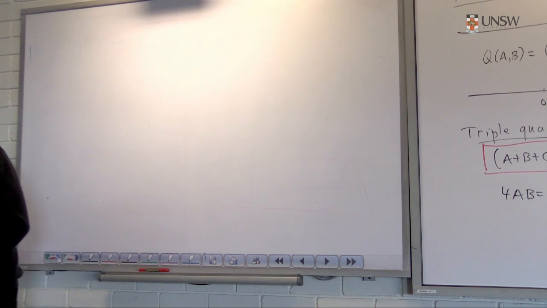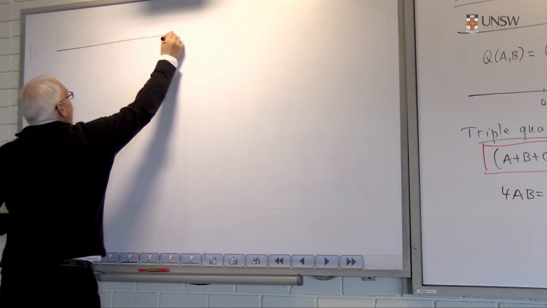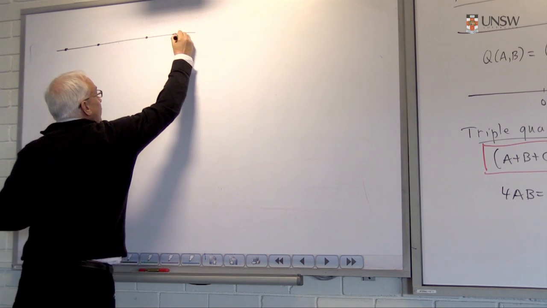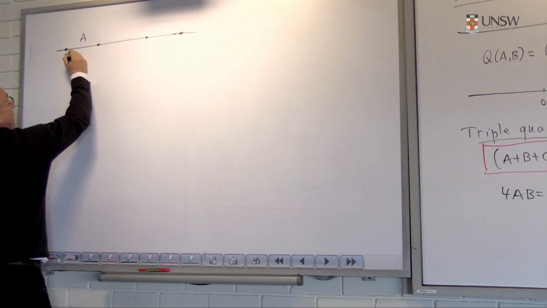All right, so now let's make things a little bit more exciting by making things a little bit bigger. So now I'm going to look at 4 points in the one-dimensional situation. And so I'm going to have quadrances as, let's say, A here.